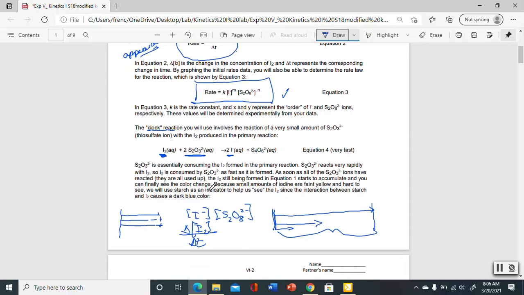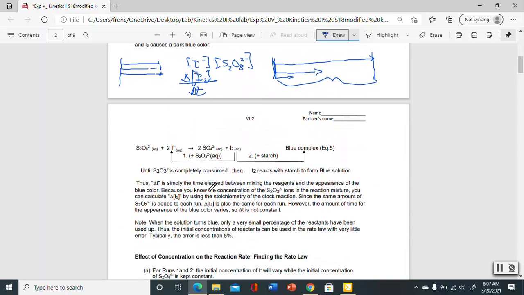So down here, if we look at this, this is the overall reaction. Here we have the reaction that we're interested in, the persulfate and the iodide reacting to give sulfate and iodine. But we're going to put in this thiosulfate so that we send that iodine back to being iodide over and over and over, and then all of a sudden there's no more thiosulfate and the iodine can be detected.